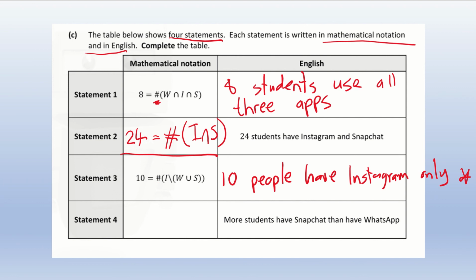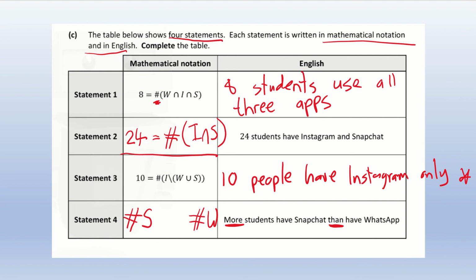The last one here is more students have Snapchat than have WhatsApp. Well, we're talking about the amount of students. So we're going to have the amount of students who have Snapchat and the amount of students who have WhatsApp. Now, in maths, more than.